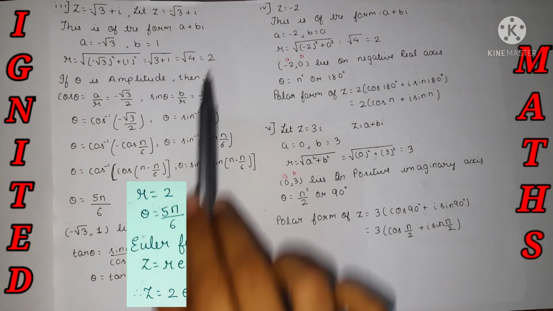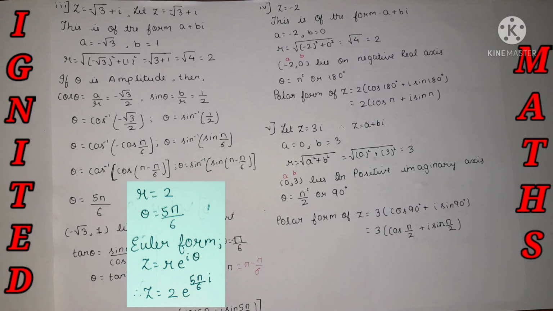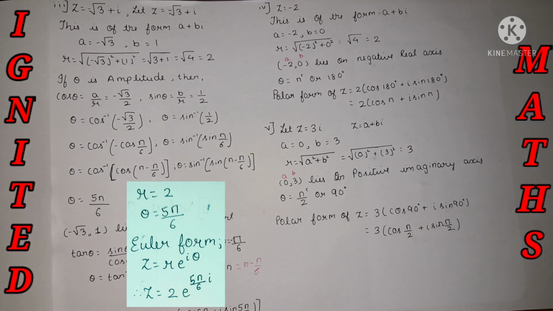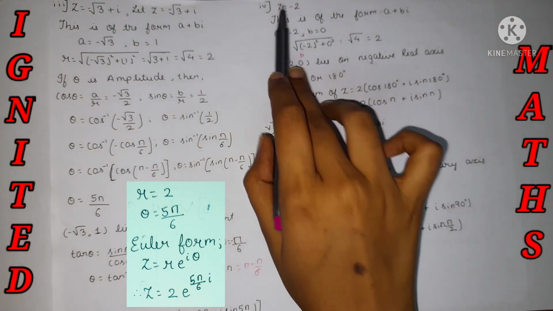Okay, the R value is 2 and the theta value is 5 pi by 6. Just put the value. This is how the Euler form consists. Yes, so with the same question we can find the polar form of Z, even the Euler form of Z, very easily.